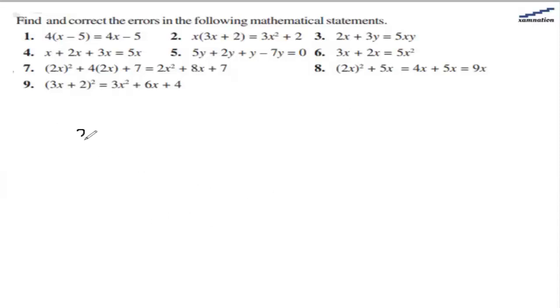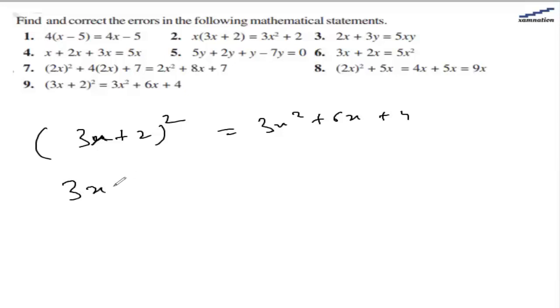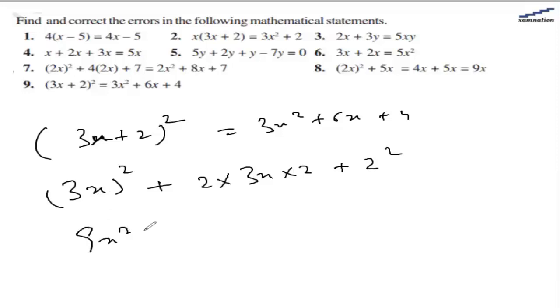For the ninth part, we have (3x plus 2) whole square, and that is equal to 3x square plus 6x plus 4. Let's open the left hand side and see: (3x) whole square plus 2 multiplied by 3x multiplied by 2 plus 2 whole square, that will give us 9x square plus 12x plus 4.